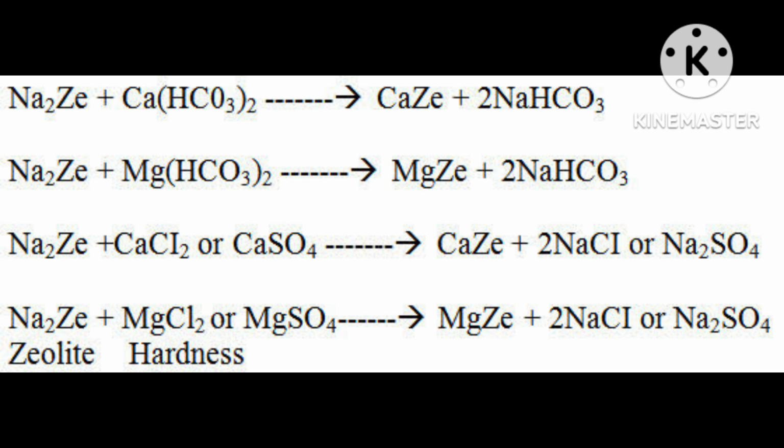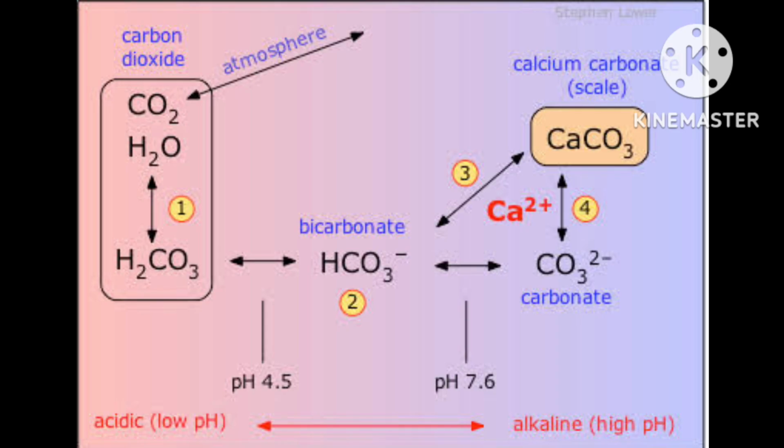Now both will settle down, and you can filter it. Then the water will become soft. Both magnesium hydroxide and calcium carbonate will be precipitated. These precipitates can be removed by filtration. What is left over is called the filtrate.